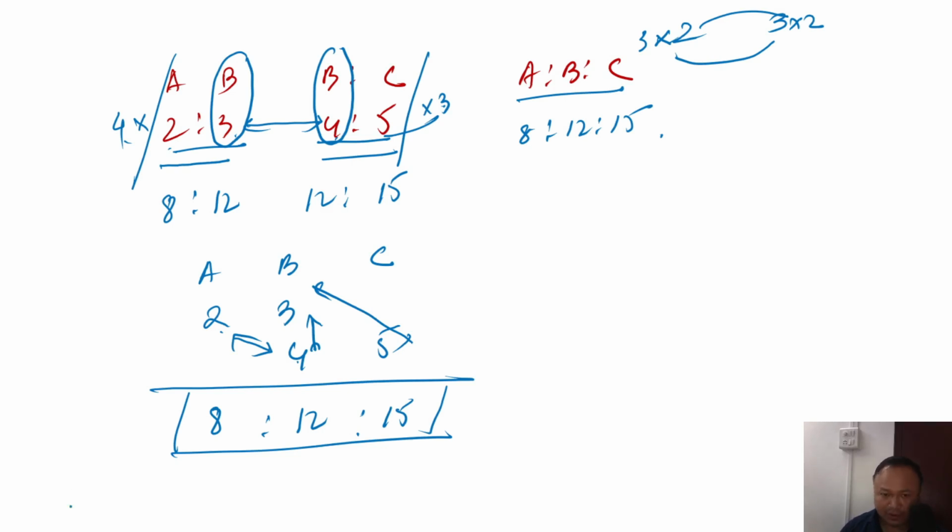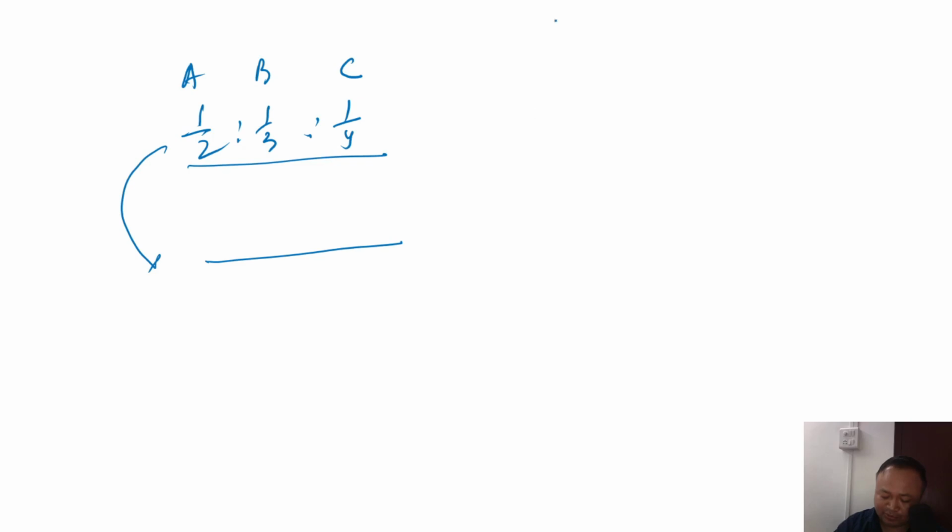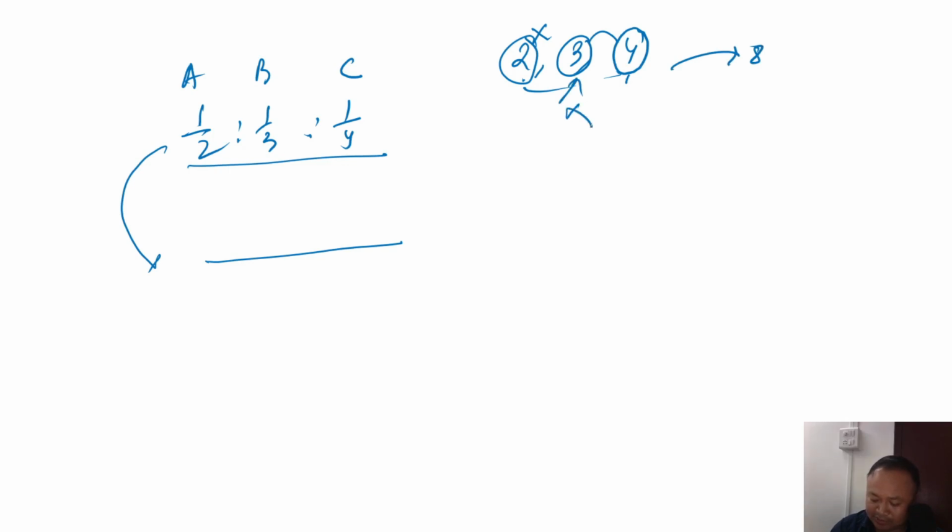Now if the ratio A is to B is to C is given in fractions, say 1/2, 1/3, 1/4, then take the LCM of the denominators. The LCM of 2, 3 and 4 is 12.